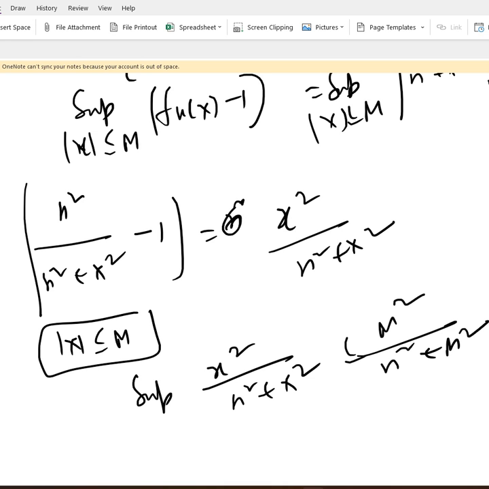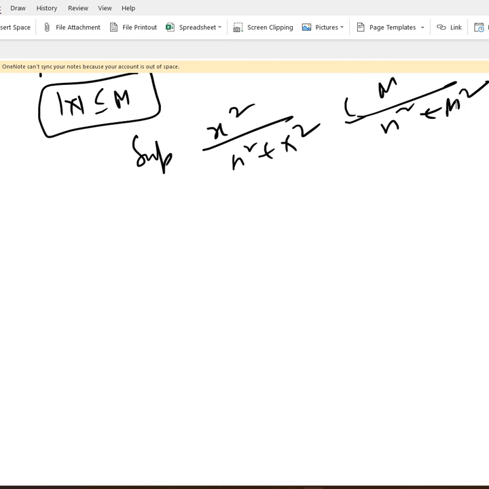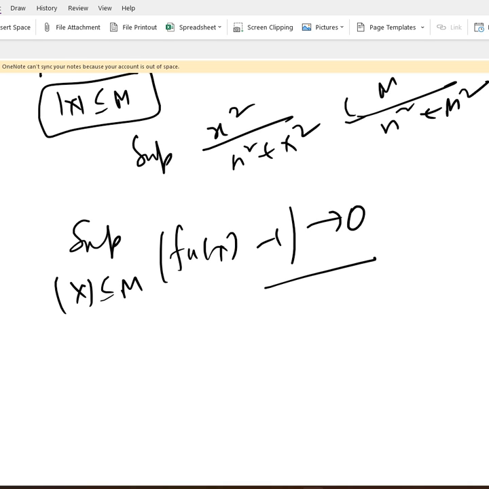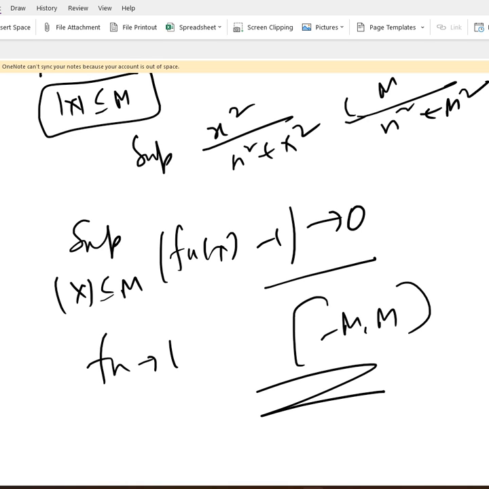Since the right hand side tends to 0 as n tends to infinity, the supremum over mod x less than or equal to m of mod f_n of x minus 1 tends to 0. Thus f_n tends to 1 uniformly on every bounded interval minus m to m.